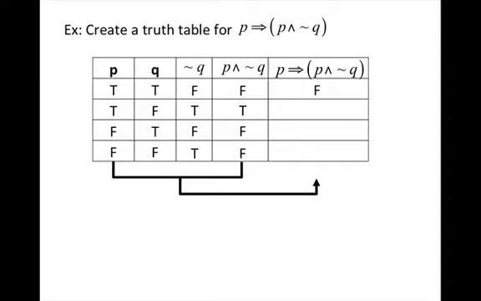In line 1, my P is true and the P and not Q is false. So the implication is false in line 1 and true everywhere else. So my final answer for this compound proposition is false, true, true, true.